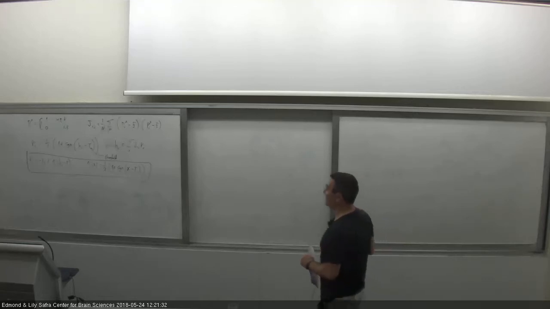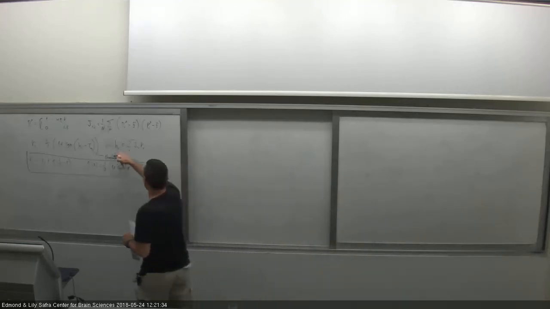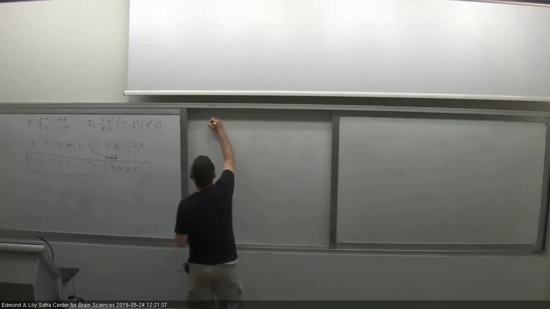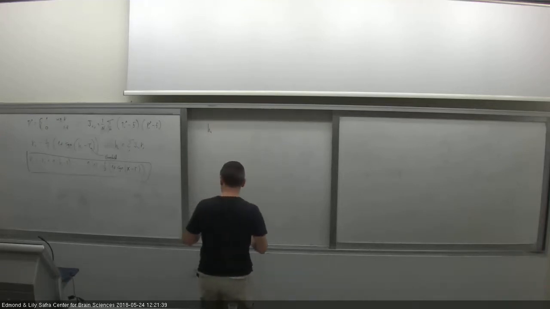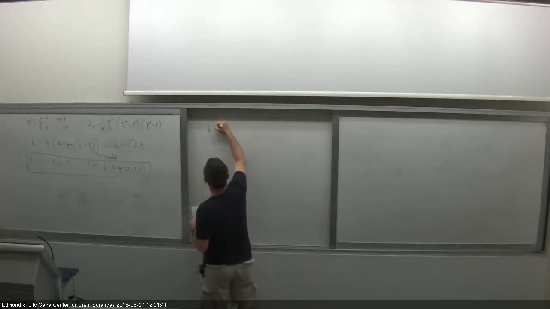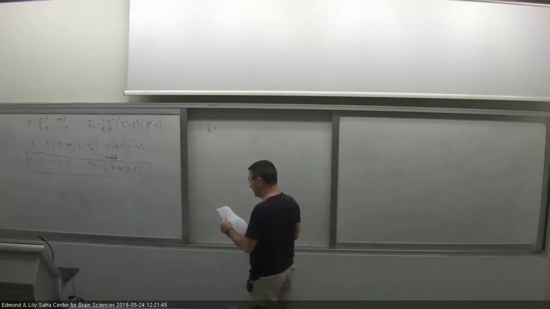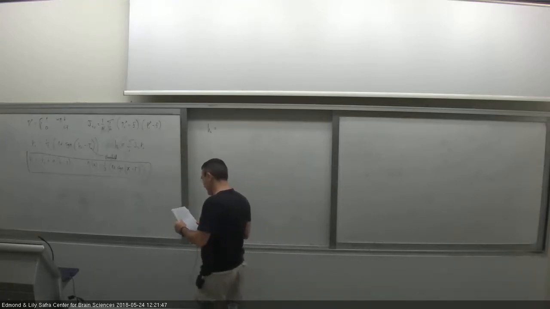So let's look at the Hi. What would be Hi if we plug in memory pattern number one? Hi is sum over j of Jij Rj.